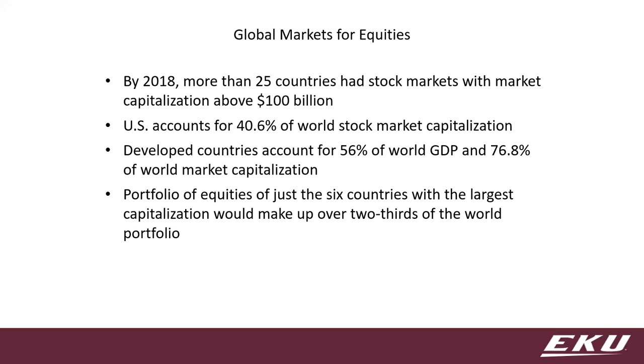The developed world makes up about 3/4 of the world's market cap, so it is still a small group. If you ever hear about the G6 and G7, this is what we're getting at: a small group of countries drives a lot of this. But as we look at these, understand that in building international portfolios, there is a good bit of money outside of US markets that we also need to invest in.